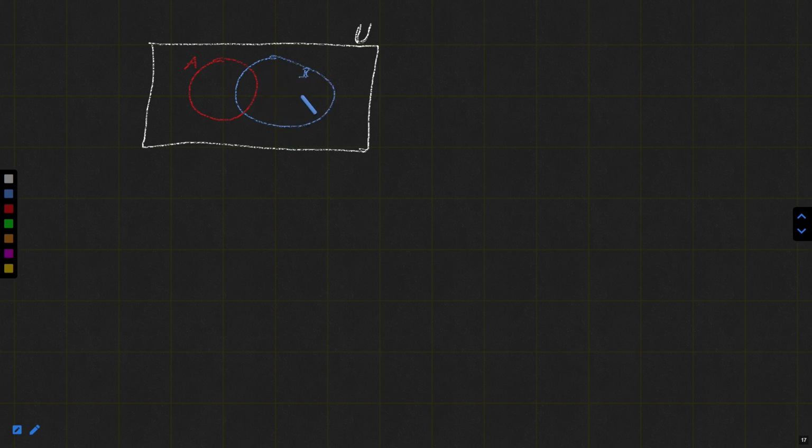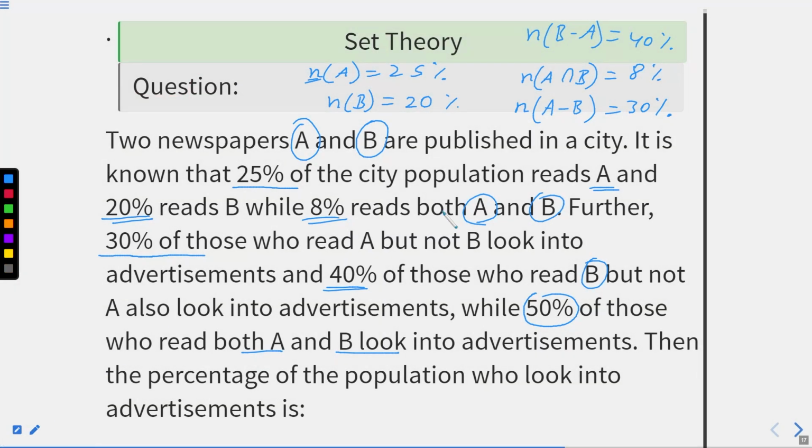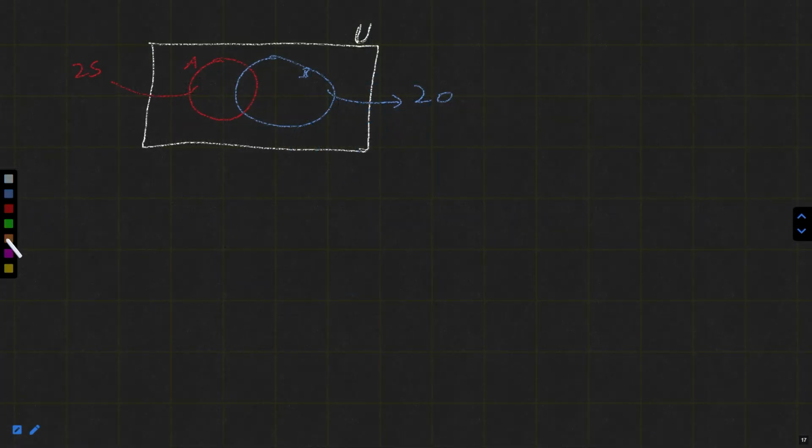We know B is 20% and A is 25%. A intersection B is 8.